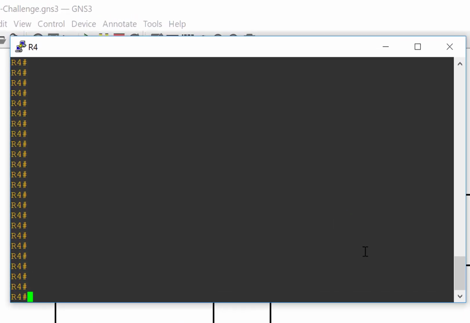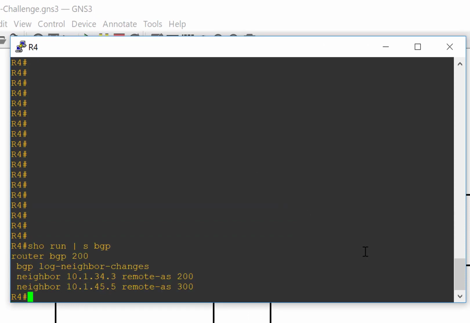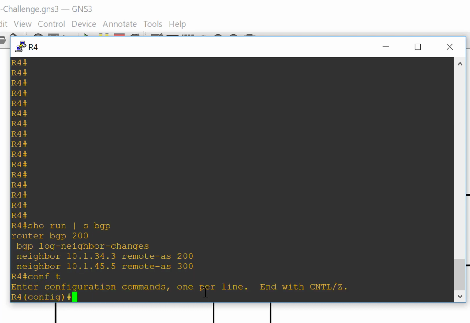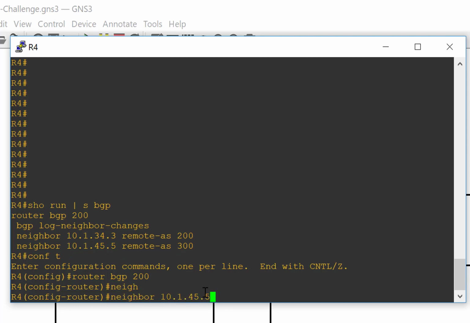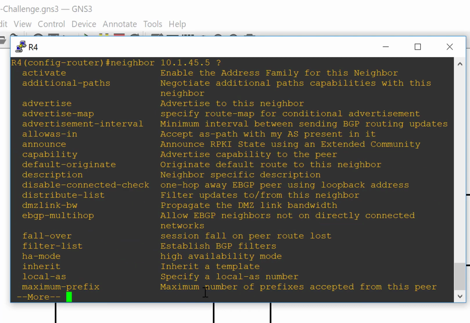So over on router 4, if I do a show run section BGP, I have basic neighbor statements here. I have a neighbor going to router 3 and a neighbor going to router 5. So let's get into our router config, router BGP 200, and let me do neighbor for router 5, and let me do a question mark, and I wanted to do AS override.